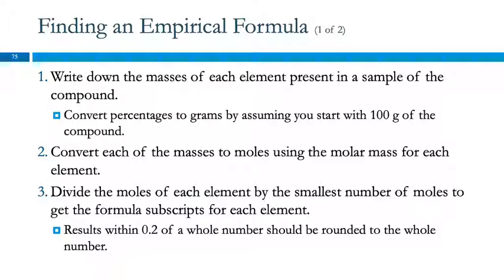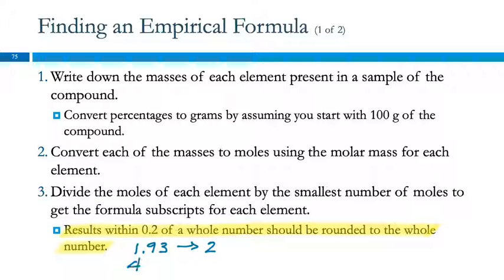So this is my guideline for when I can round it to a whole number: if it's within 0.2 of a whole number. So what does that mean? Well, if I had 1.93, I can round that to 2.